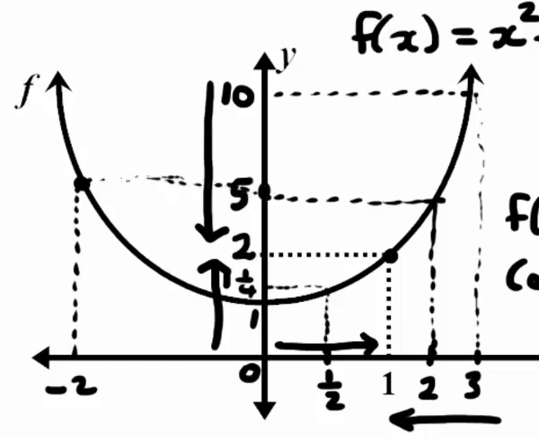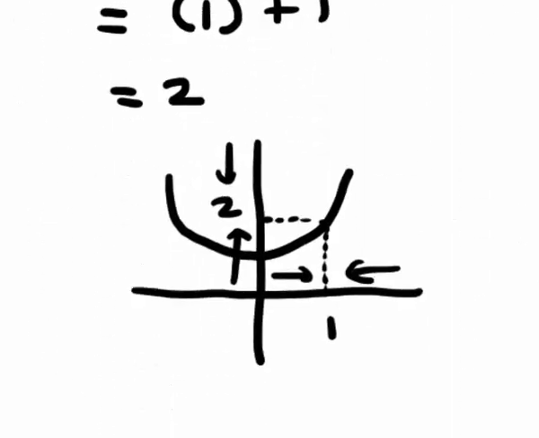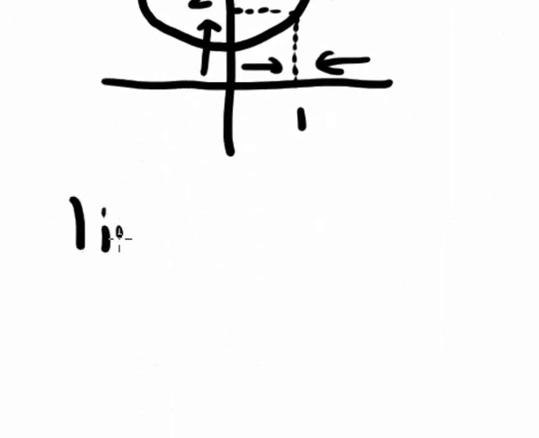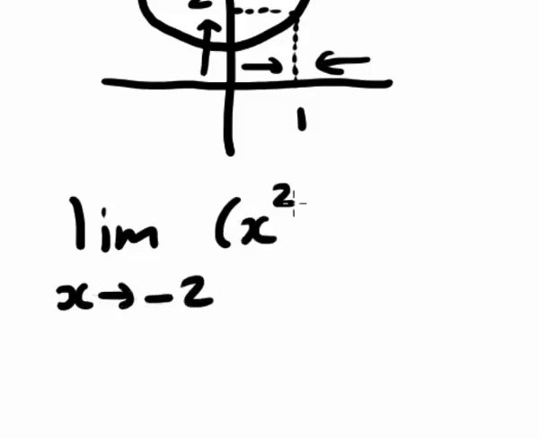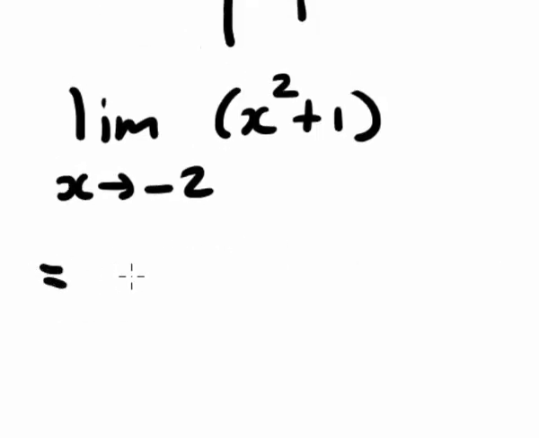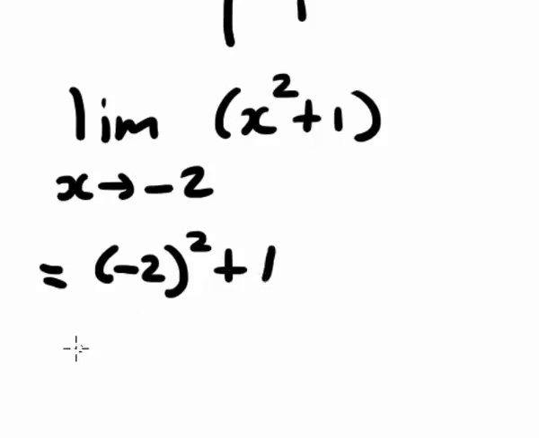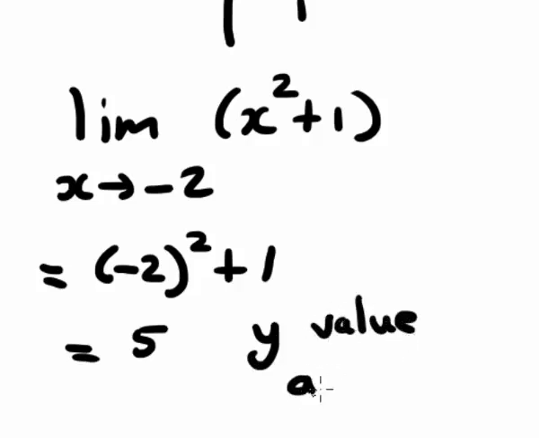Now look at this. What is the limit as x approaches -2 of the graph? Simply put, you substitute the -2 for x into this expression and you get 5. So this is the y value approached by the graph if the x's are approaching -2.